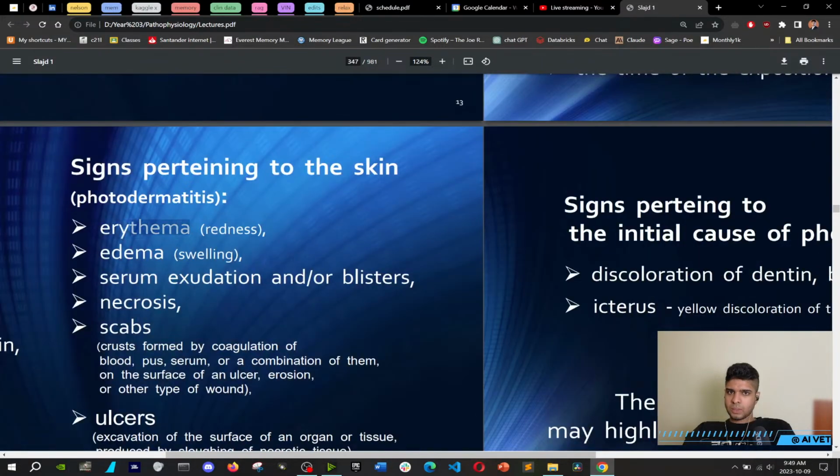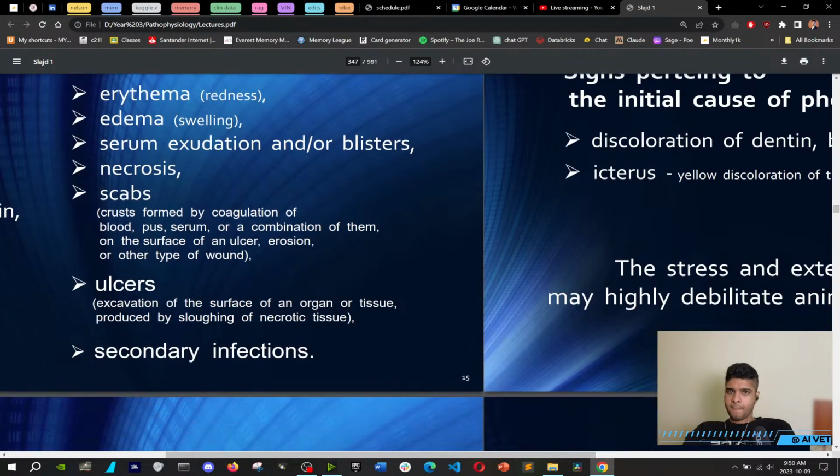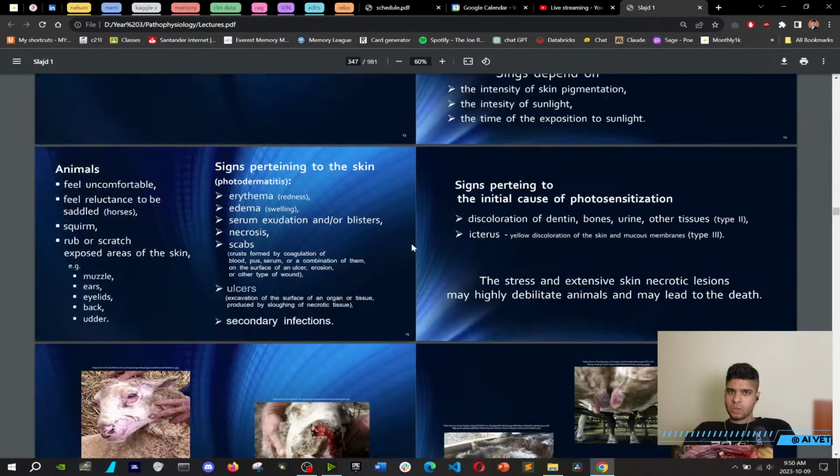Edema, edema, serum exudation, necrosis and scabs. Also secondary infections. Okay, these are all the things we can observe.